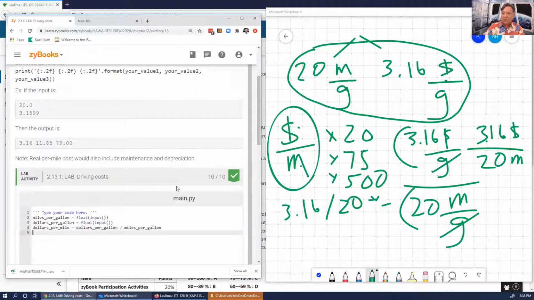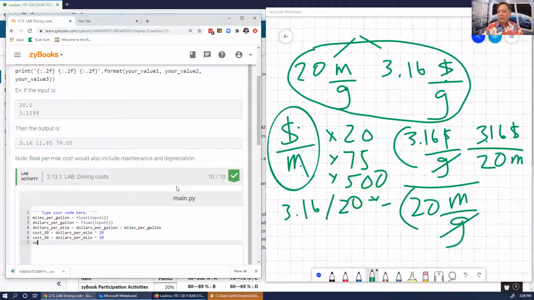So I'm going to say cost 20 equals dollars per mile times 20. And I can say cost 50 equals dollars per mile times 50.